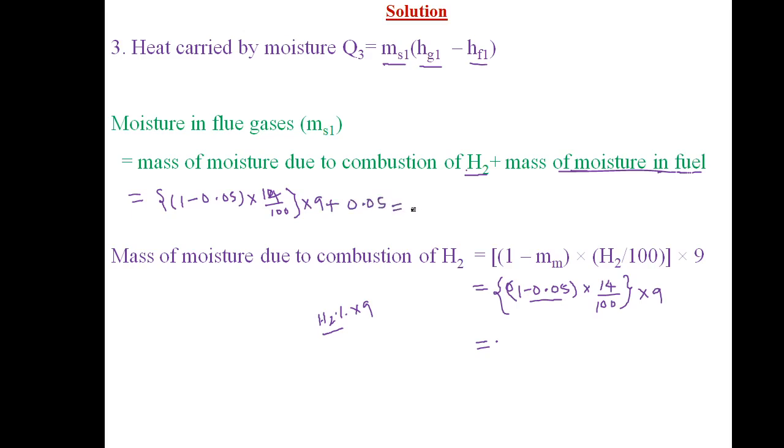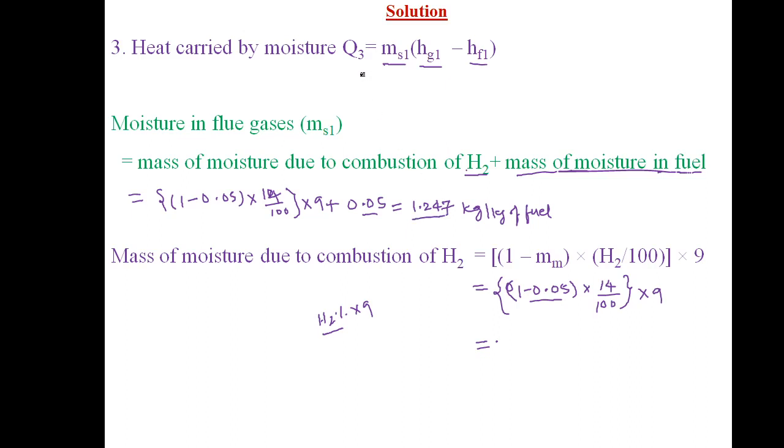So altogether we calculate it as 1.247. Mass of moisture is known, 0.05, so that we have added to this. So total moisture present in the flue gases is 1.247 kg per kg of fuel burned. So if you burn 1 kg of fuel, the moisture present in the flue gases is 1.24 kg.